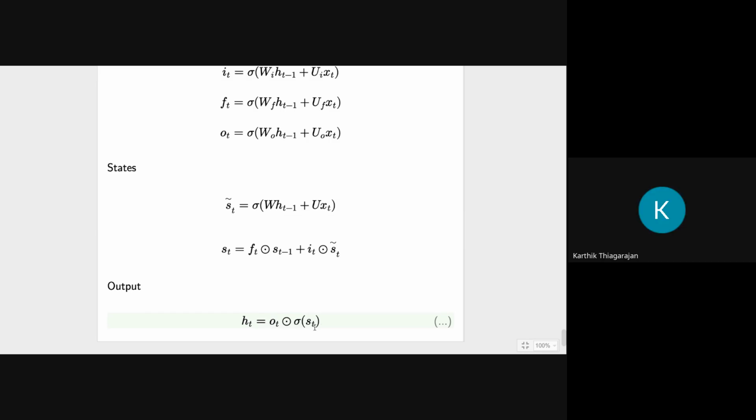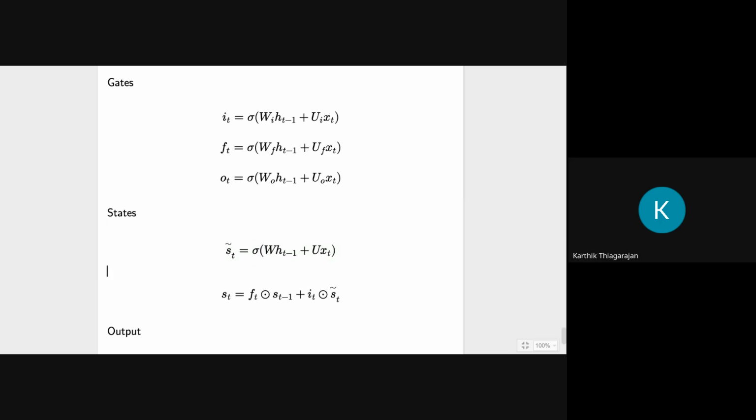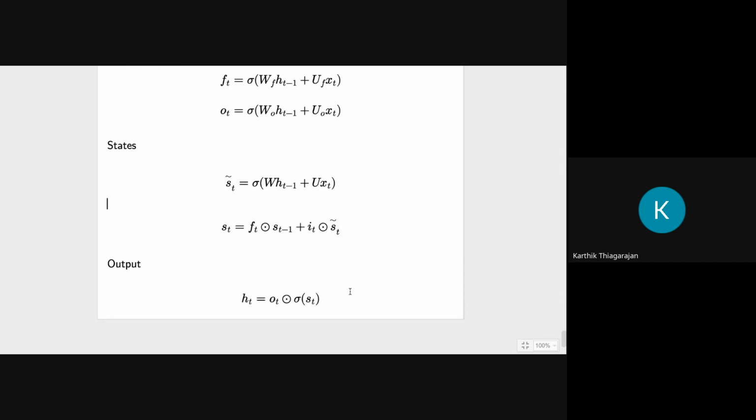I should not probably be calling them probability, more of something between 0 and 1. But you're right, tanh is used in some places, especially in the original work. In the blog that I had shared, they also use tanh. But from the exam point of view, assume that everything is sigmoid.